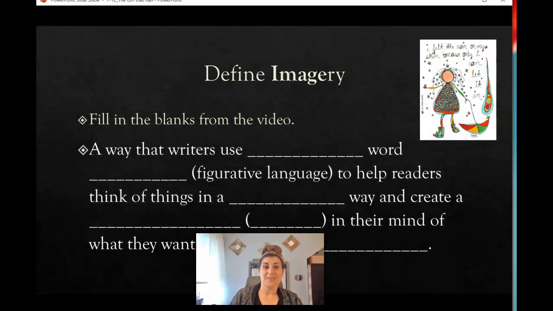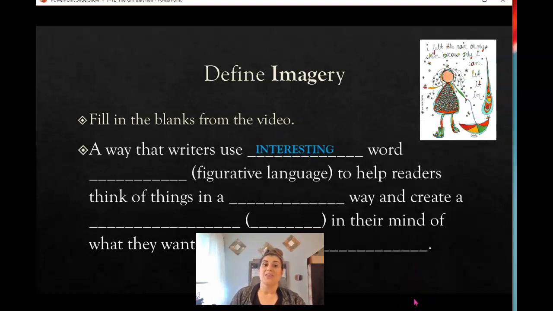All right, so at this point, you should have either opened in Schoology or you should have the paper copy of your graphic organizer. And the first thing on the graphic organizer is the working definition that we're going to have for imagery. And so please go ahead and fill in the blanks as they appear on the screen.